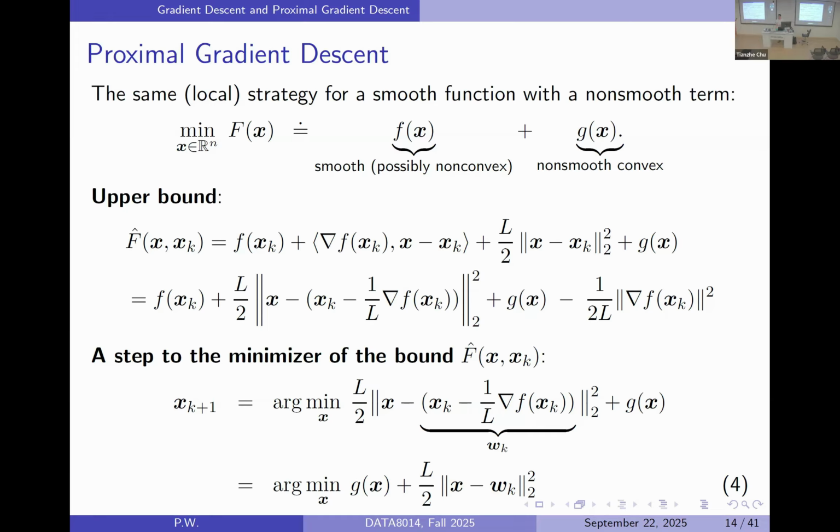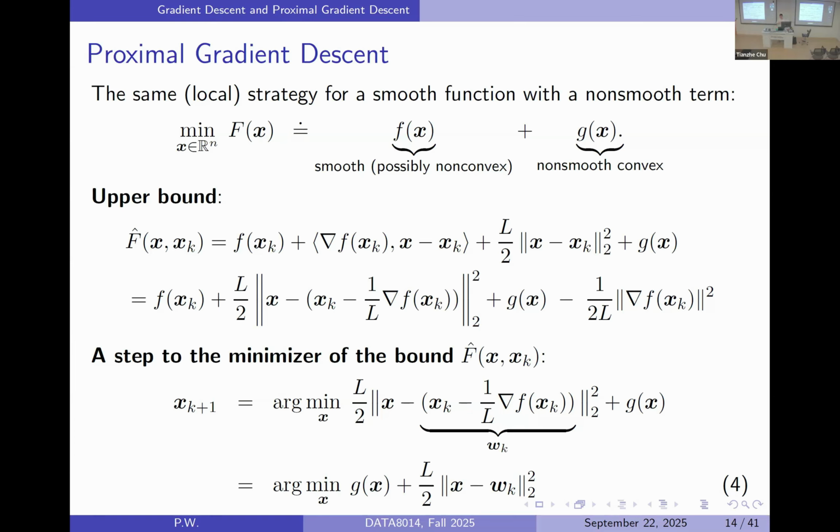You guys know what is strongly convex? Like for a smooth convex function, the Hessian is positive semi-definite. And strongly convex means the Hessian must be positive definite. That's strongly convex.